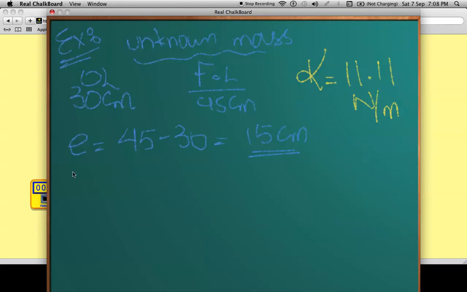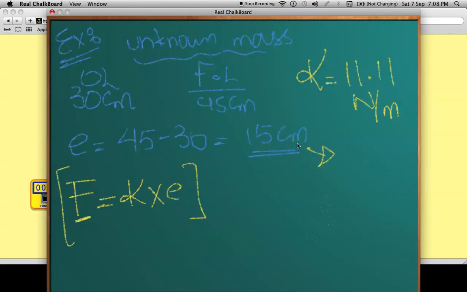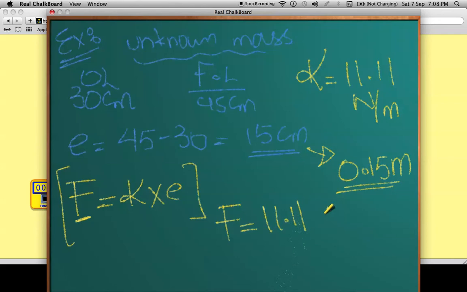So our formula is force equals K times extension. Let's find out the force first that this mass is exerting. We know the extension. Let's convert this to meters. So for meters, we will have to divide this by 100. So this would become 0.15 meters. So force equals K, which is 11.11 times 0.15.